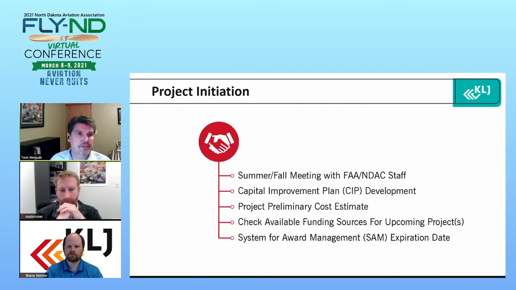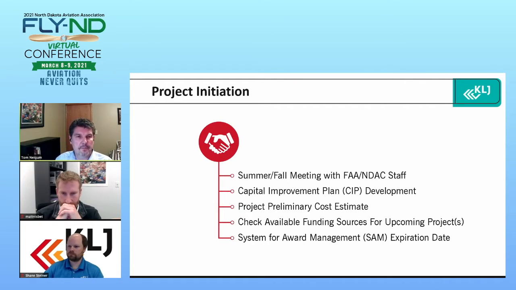So with the project initiation, really what you're going to see is State Aeronautics will typically reach out to airport sponsors starting in the summertime and set up those summer and fall meetings with the FAA and State Aeronautics staff. And really what it's meant for is to get together and go over your projects.